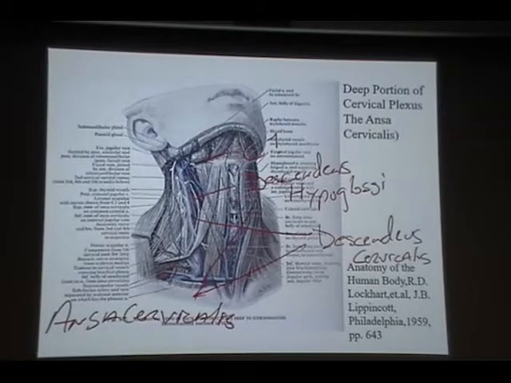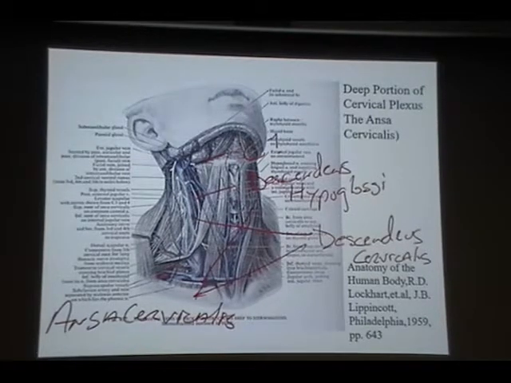Now, what is the functional difference between the superficial portion and the deep portion? Well, what did I tell you? The primary role of the superficial portion is sensory from the skin. The deep portion of the cervical spinal nerves are innervating these muscles in here primarily, these infrahyoid muscles. So it is motor to those muscles, so it is primarily motor.